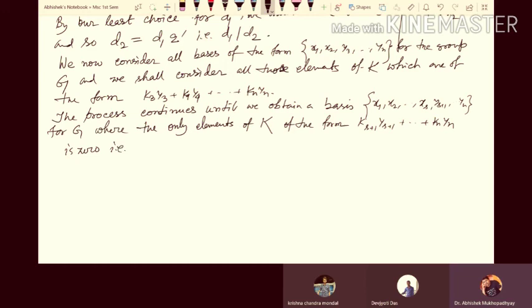So there will be no expressions like this one. So all those ki's are 0 for all i equal to s plus 1, s plus 2, n.